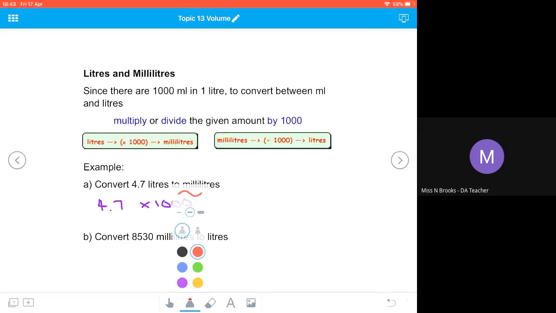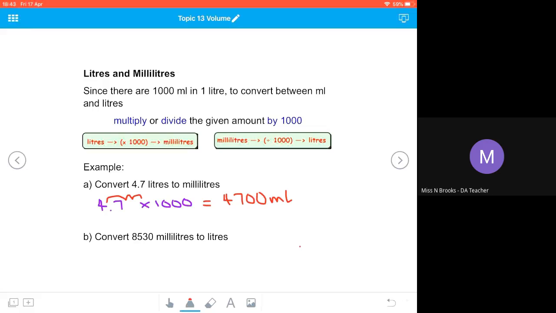And our 1,000 tells us we need 3 decimal jumps. So we're going to jump over the 7, but then we need 2 more jumps, and so we need to put zeros underneath those jumps. So our final answer is going to be 4,700 millilitres. And you can use the abbreviation ml instead of writing out the whole word.